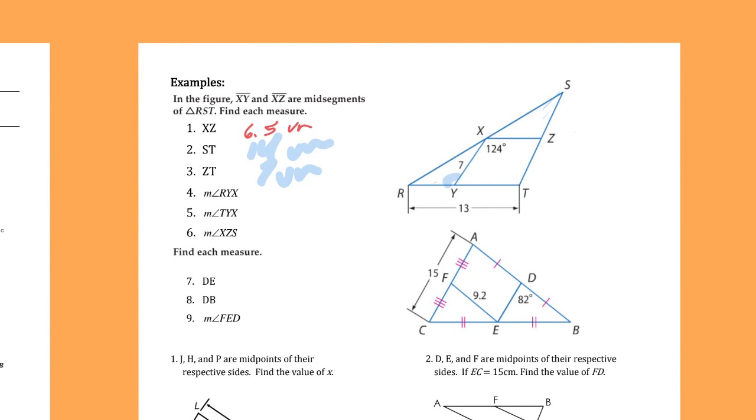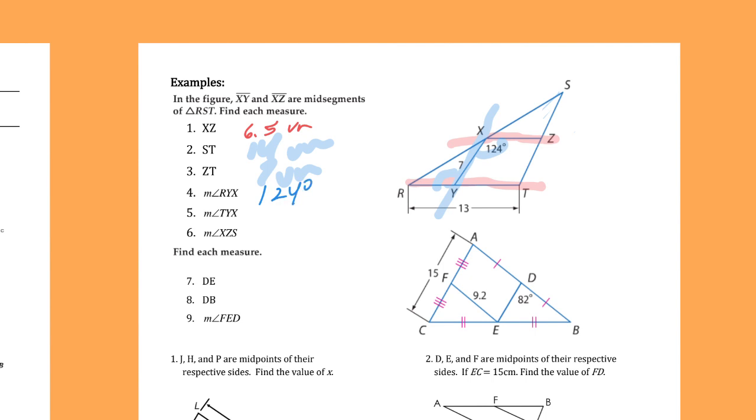If we know that these two lines are parallel, can you see that the angle we're trying to find is an alternate interior angle with 124 degrees? Can you see that this is the transversal here? And so these two angles have to be congruent. If you've got parallel lines cut by a transversal, alternate interior angles will be congruent. So this will be 124 degrees.